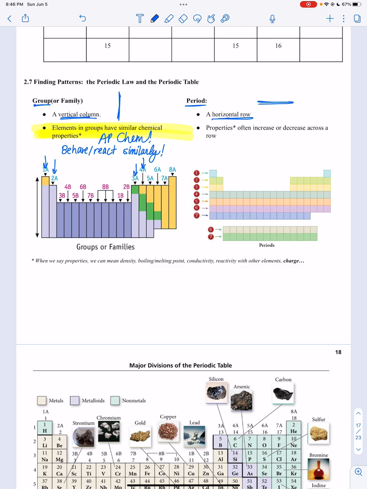So you'll get an example: what element will bond to O just like F does, right?